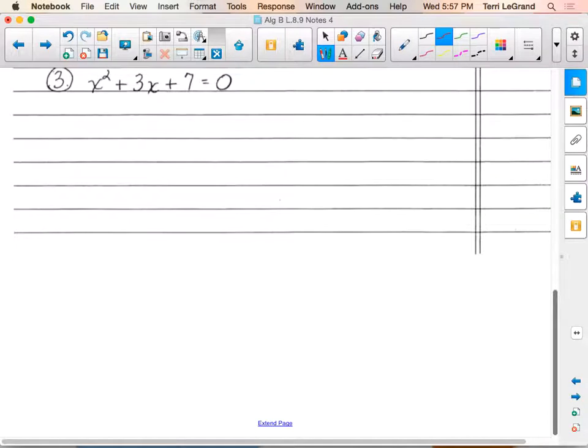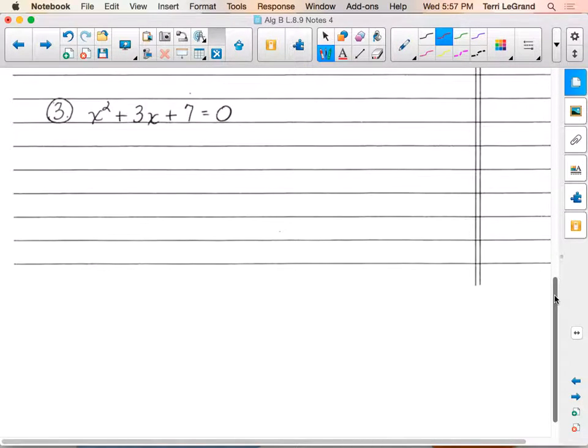Okay, so let's go on to our number 3 here. In standard form already? Cool. ABC. Use the discriminant to decide how many solutions.